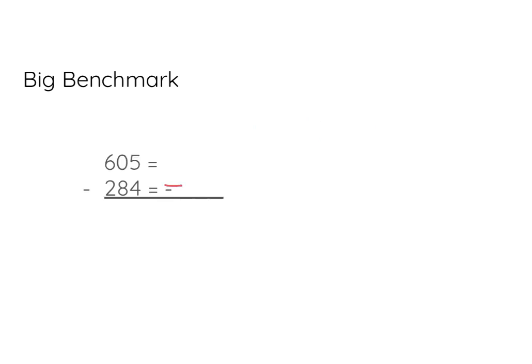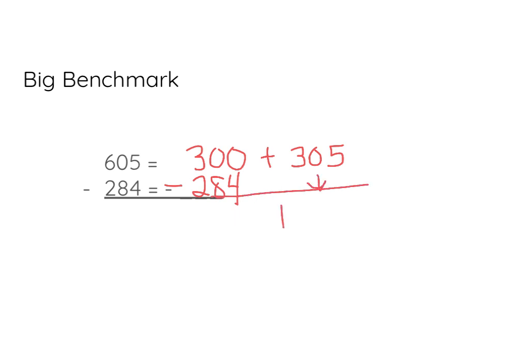Now let's try it with our big benchmark. So put minus 284. Put the next 10 above it, which is 300, and add to get 305. So we get 605. Bring down the 305. Now, how does 284 get to the next 100? With my big partner, which is 16.